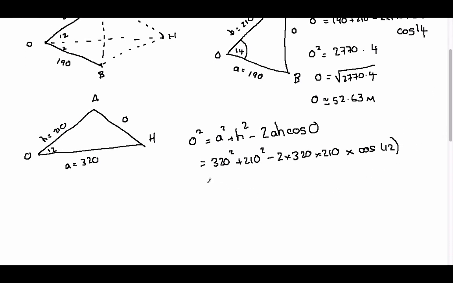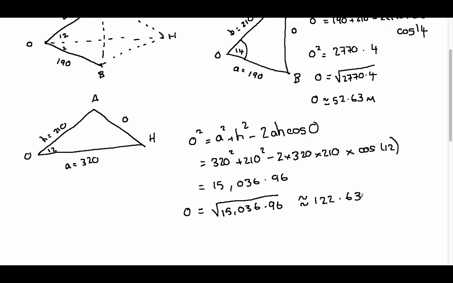So that tells us that o squared is 15,036.96. Now that's o squared, we want o, so to get o we just square root this number. So the square root of 15,036.96 is approximately 122.63. So Bob's drive is 122.63 metres away from the hole.